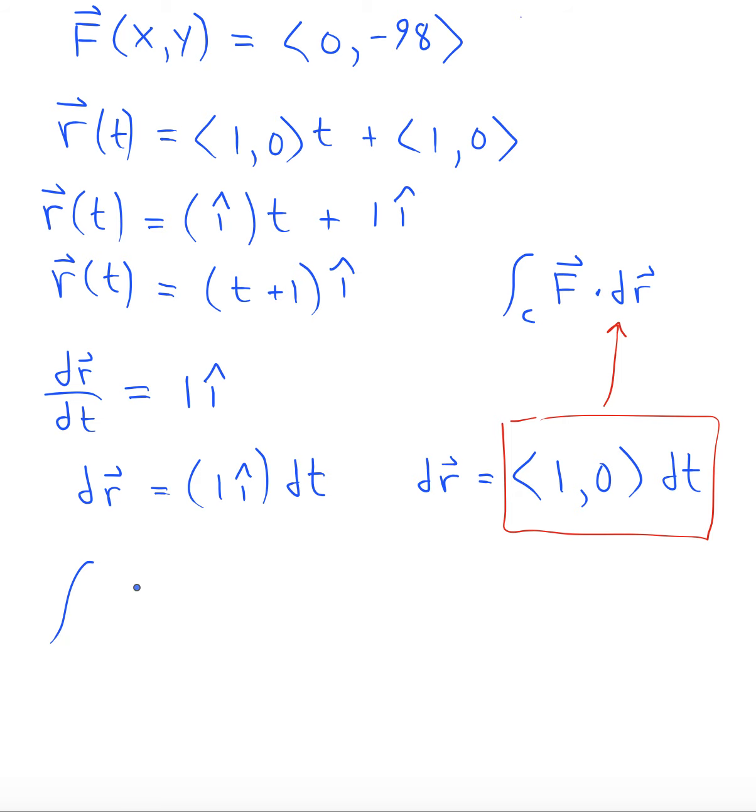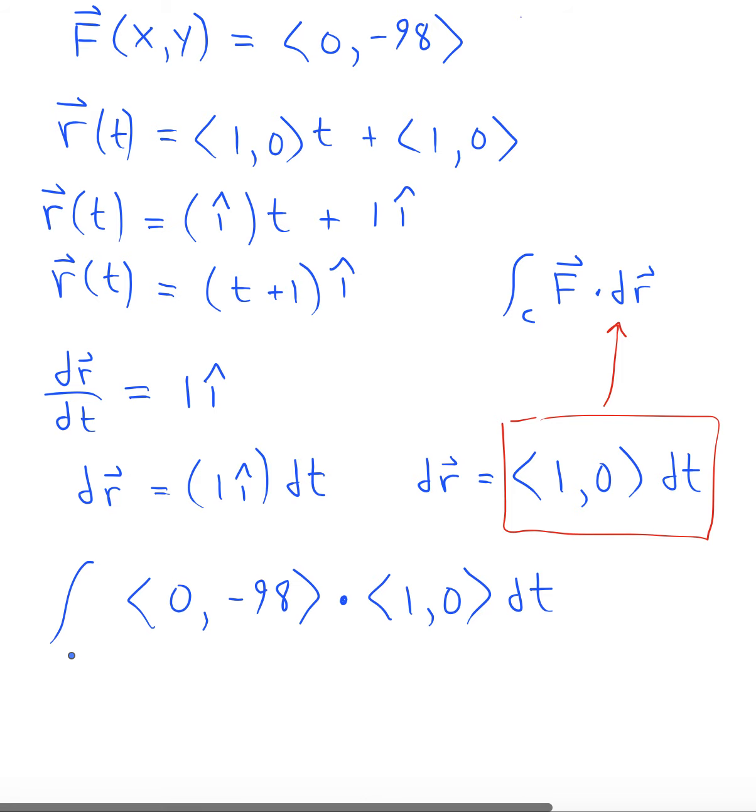We want an integral of ⟨0, -98⟩ dotted with ⟨1, 0⟩ dt. And we also want to set limits for this. Since we have everything here in constants, we don't have to leave the c there anymore. We can actually go from an initial time to a final time.